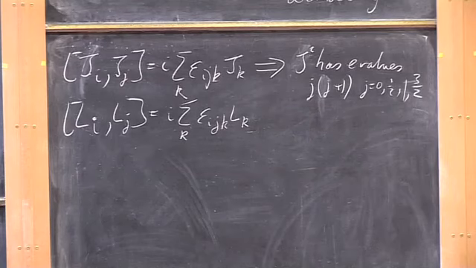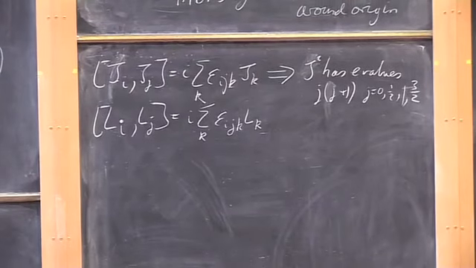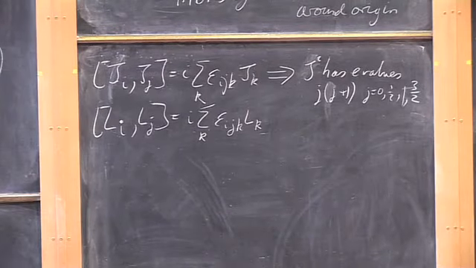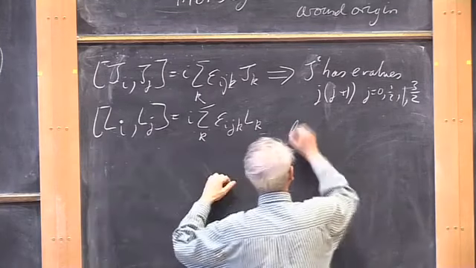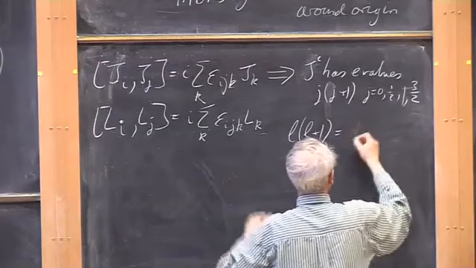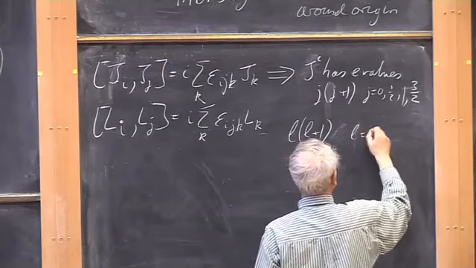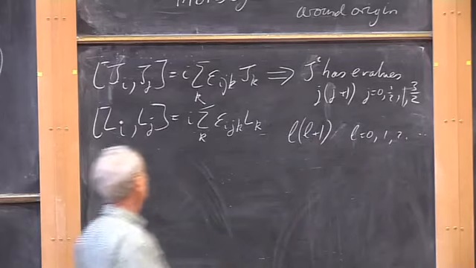But we also had the principle that if we translated something completely around the origin, that was the identity transformation. So we concluded that L had to be 0, 1, 2, integers only allowed in this case.